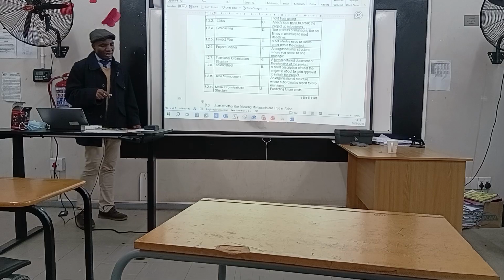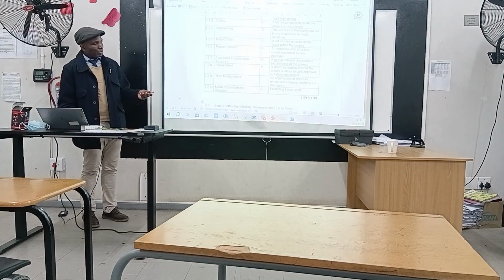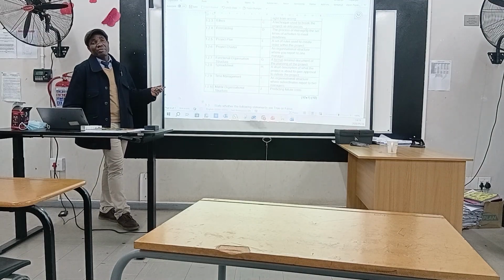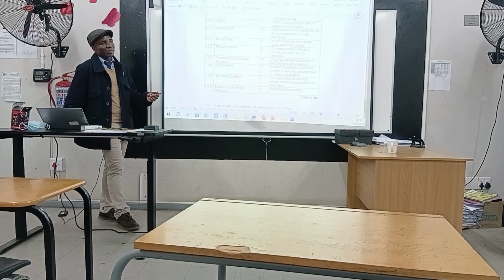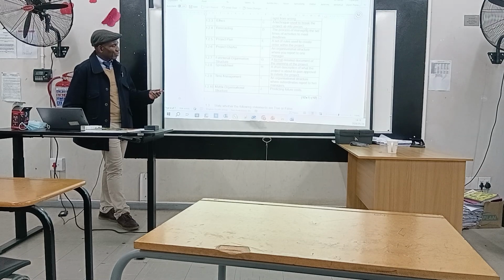Right. Now, the last one here is the matrix organizational structure. You know, we have different types of organizational structure. We have matrix and functional, right? The matrix is the one whereby you report to one or two bosses, as the case may be, giving you directives in terms of what to do.